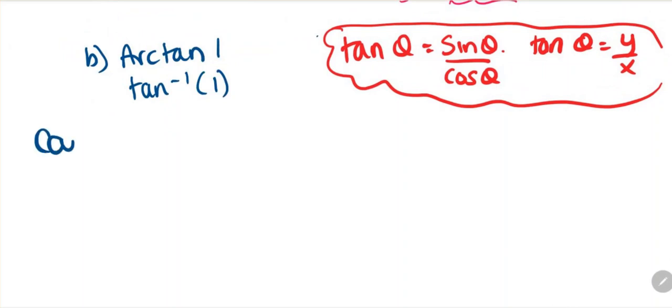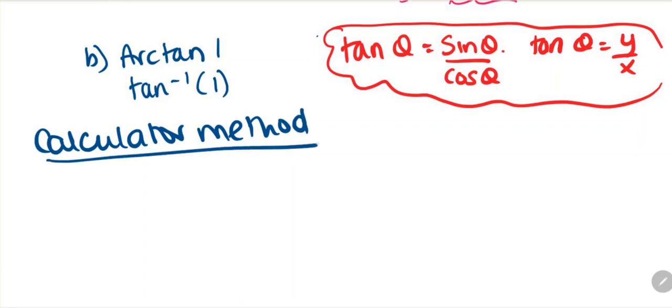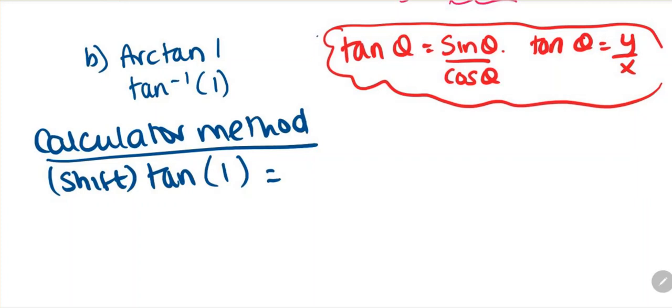So on the calculator, we have shift, tan, so this will come up as tan to the -1. And we will use the bracket, 1, just equals.